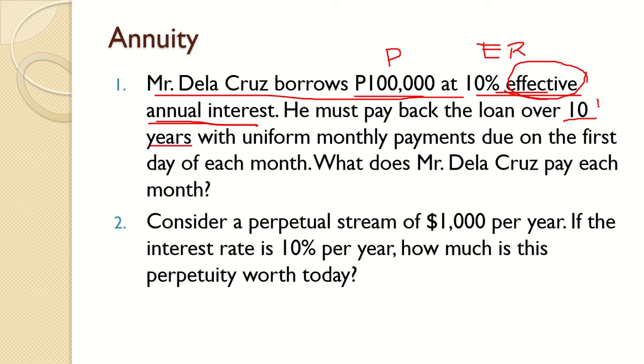That's our N. And uniform monthly payment. So, monthly ang compounding. So, M will be equal to, in 1 year, pila man ka man. So, sa katuig, that's 12. So, M is equal to 12, which is due on the first day of each month.